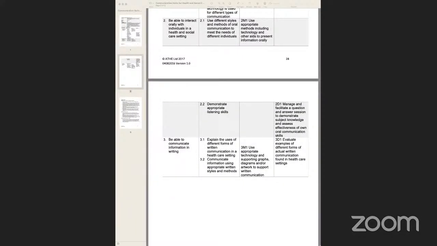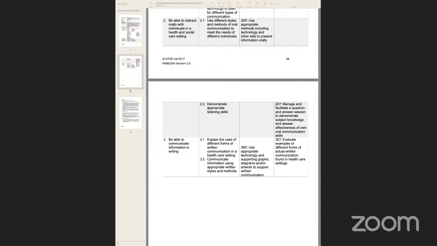This again is a bit of a practical outcome, because when we look at written communication and different forms of written communication, we would generally see that they are used when we are creating records for reference in the future.